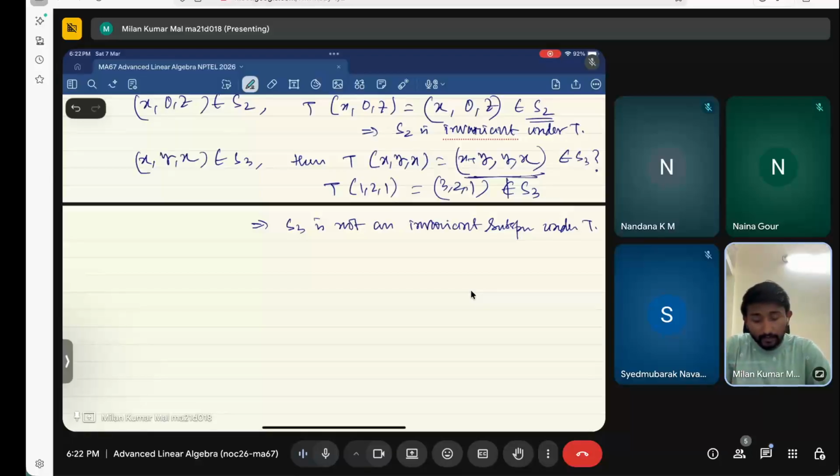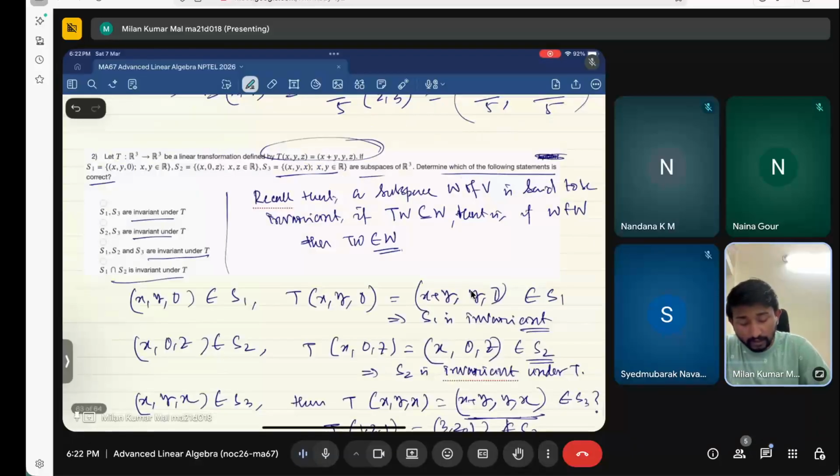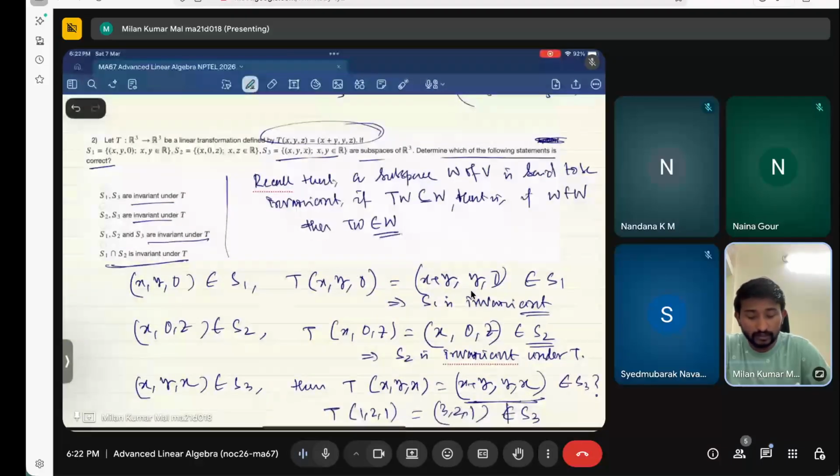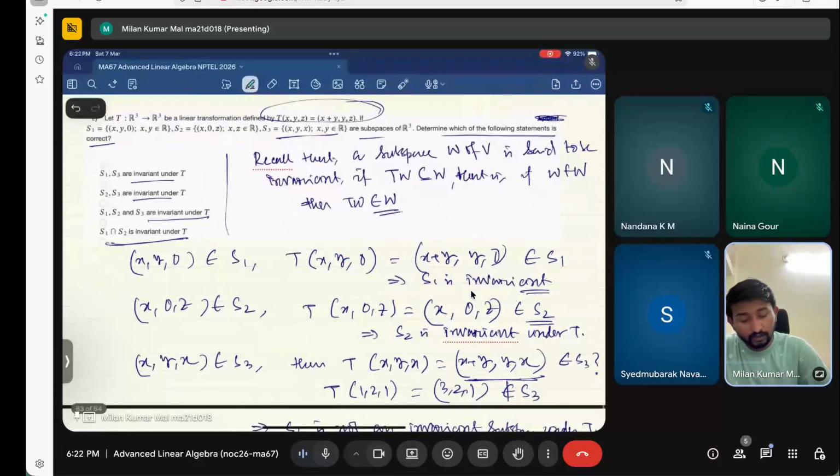One fact I stated a little differently: that S1 intersection S2 is invariant if S1 and S2 are invariant. That's not always true; I'll check once. Basically S3 is not invariant, so this option is incorrect. The first option says that S1 and S3 are invariant.